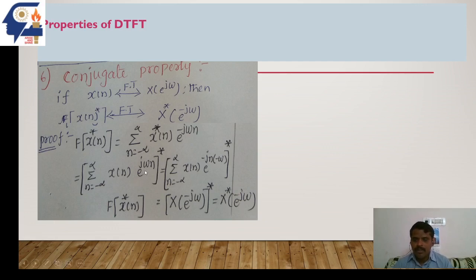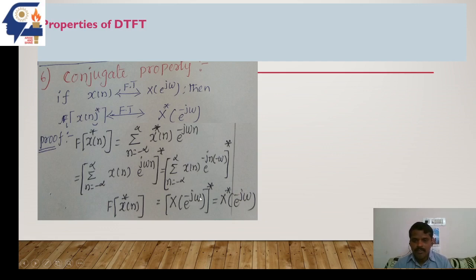So to convert this into X of e power j omega, I am going to write this as summation n equal to minus infinity to plus infinity x of n e power minus j n into minus omega. Then this entire one will become capital X of e power minus j omega.